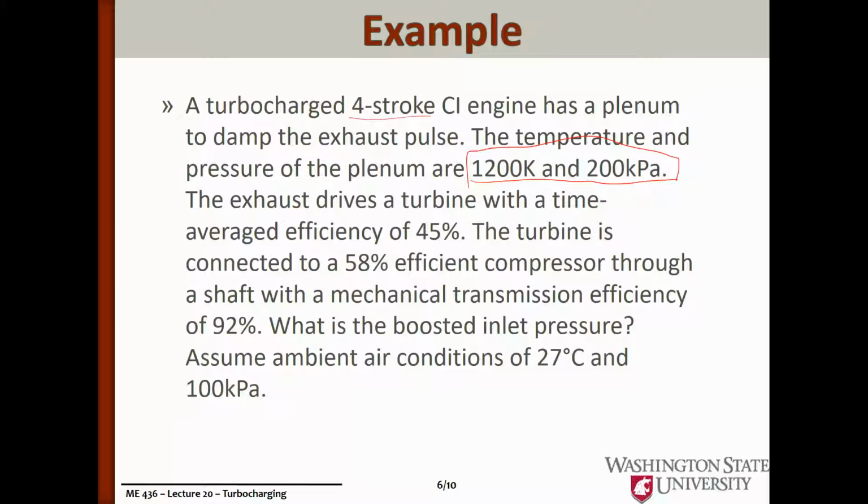And we're going to assume that that plenum is driving a turbine with an average efficiency of 45%, and that it's connected to a compressor that's supercharging the inlet that's 58% efficient, and the mechanical transfer efficiency is 92%. So that's just the friction on the rotating shaft.